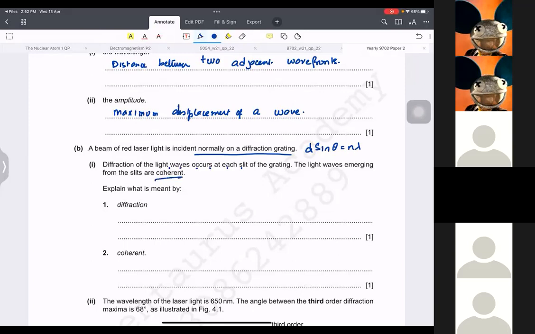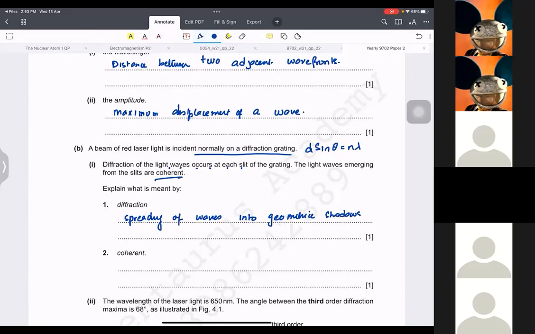Okay, what is meant by diffraction? So diffraction is basically spreading of waves into geometric shadows.